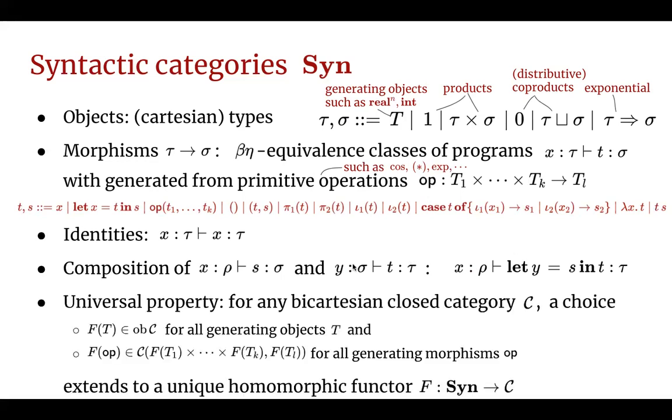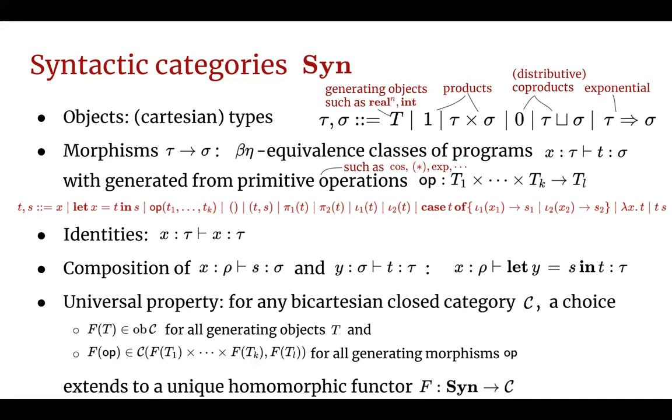And now the important part here is that this category has a universal property, right? And this is precisely the sense in which this is a freely generated bi-Cartesian closed category on the objects that we use as generators and the morphisms we use as generators.